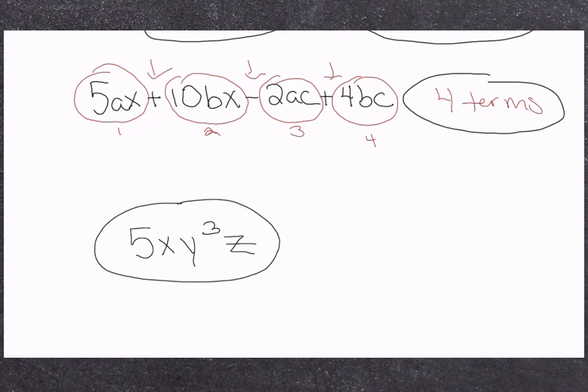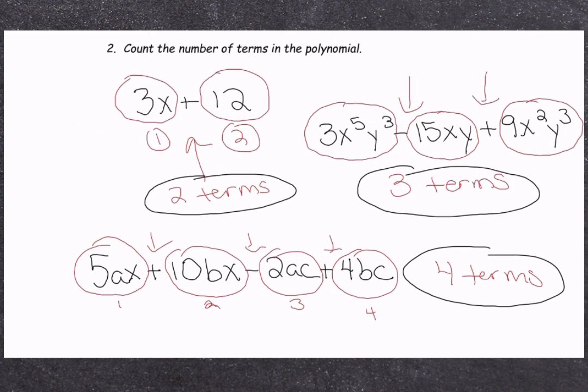There's no plus or minus. This is just one term. Okay, can't really factor one term, but I just wanted to show you that it's the plus or minuses that really separate your terms out. So this just has one term. What we're going to focus on is things that have 2 terms, 3 terms, and 4 terms. So make sure that you're able to count your terms.